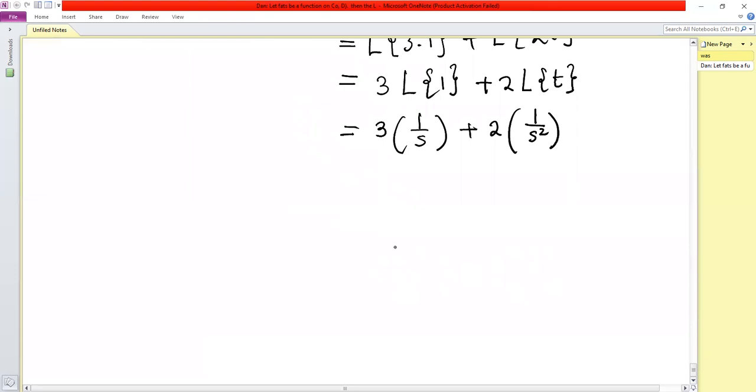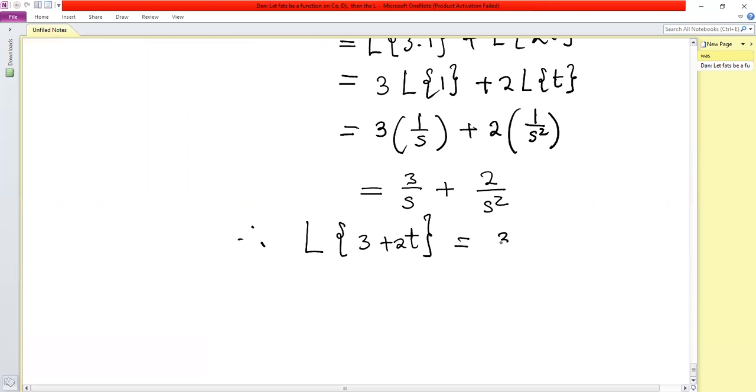Then if you work this out, you get 3 over s plus 2 over s squared. So therefore, the Laplace transform of 3 plus 2t is given by 3 over s plus 2 over s squared.